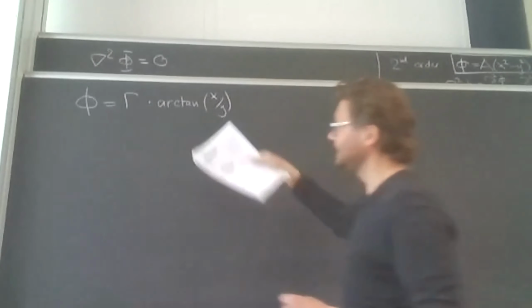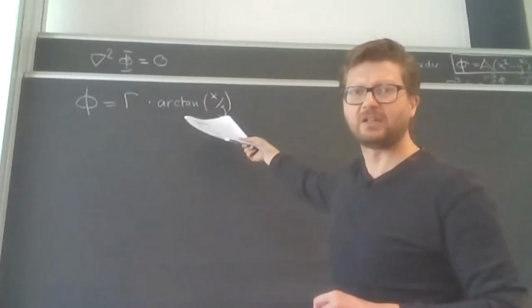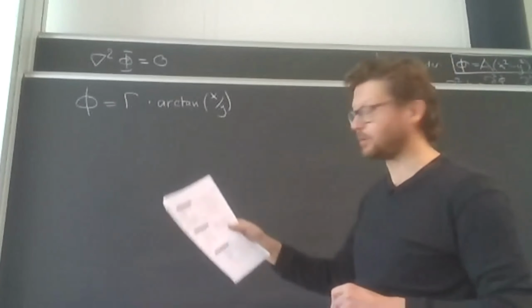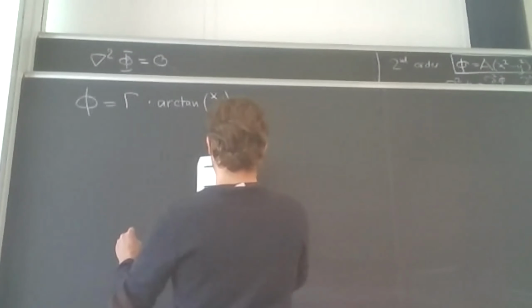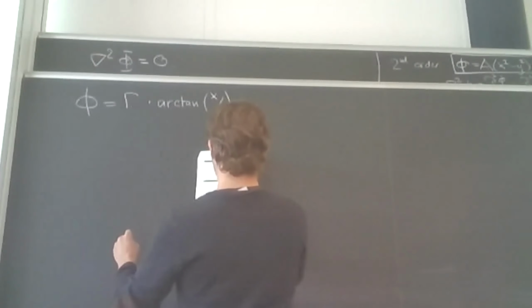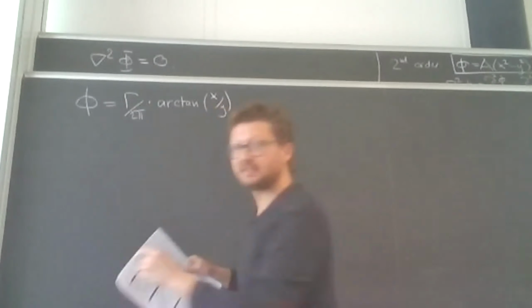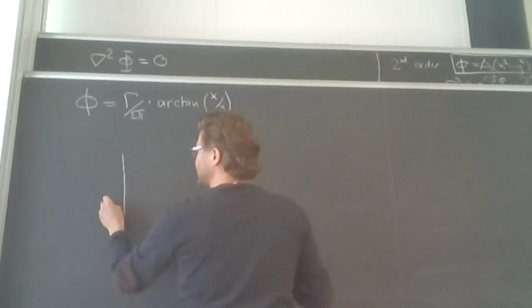Now, it's actually worthwhile not to look at this in the xy coordinate system, but actually to translate this into polar coordinates. Now what is actually gamma over 2 pi. Sorry, this is what I had wrong before.